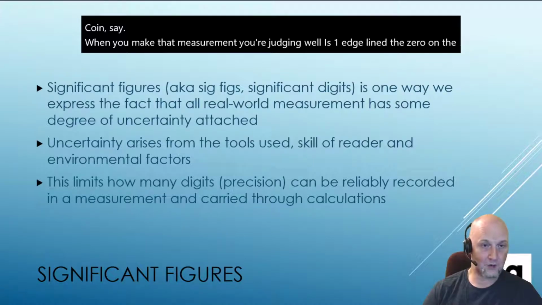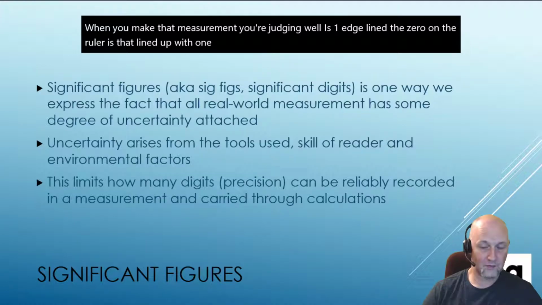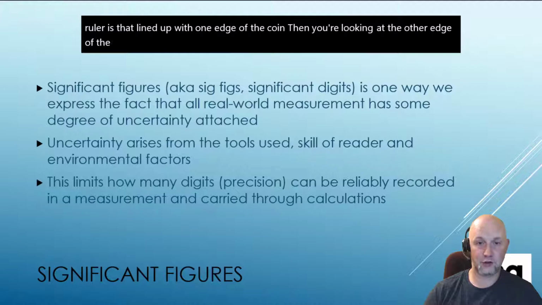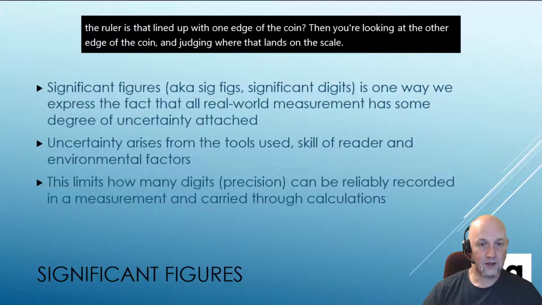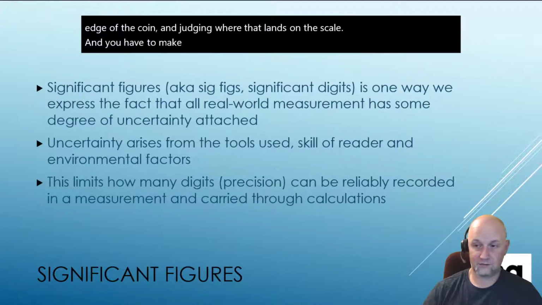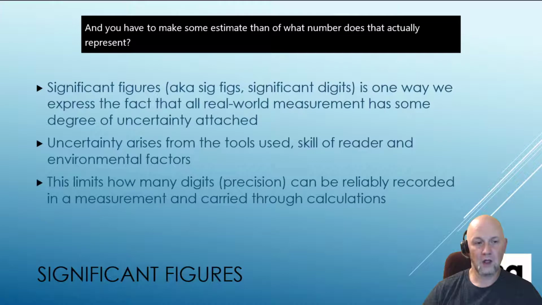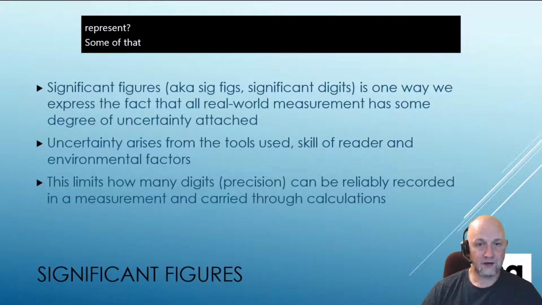Then you're looking at the other edge of the coin and judging where that lands on the scale. And you have to make some estimate then of, well, what number does that actually represent? Some of that information then is effectively encoded into the way you write your answer.